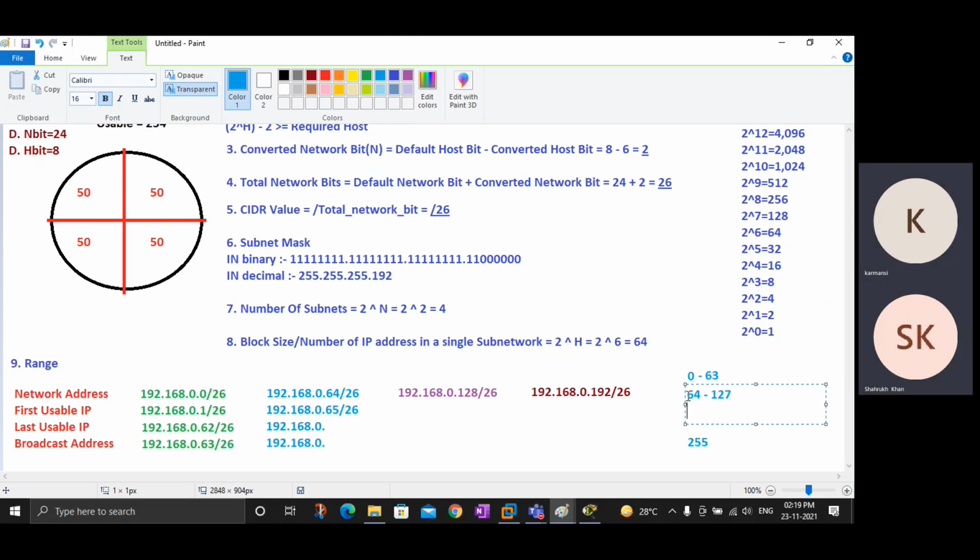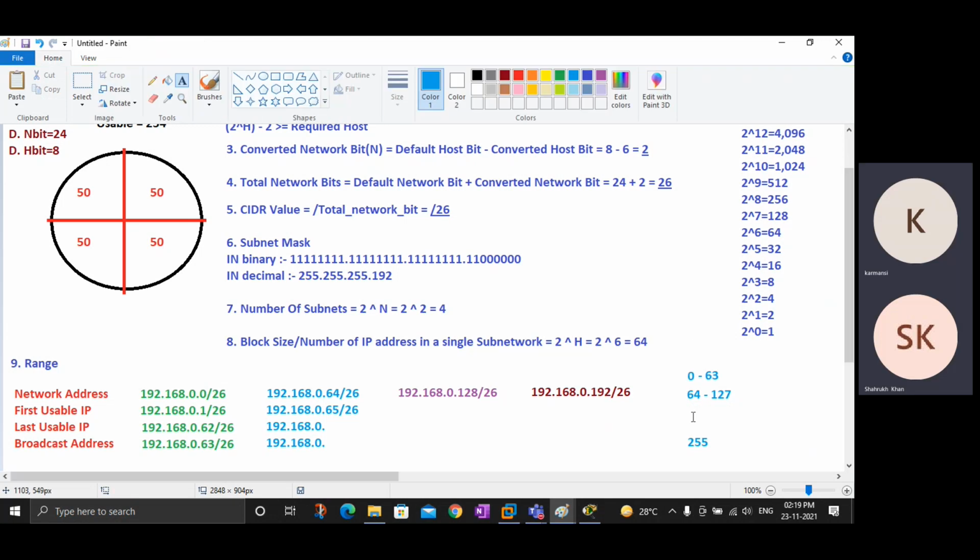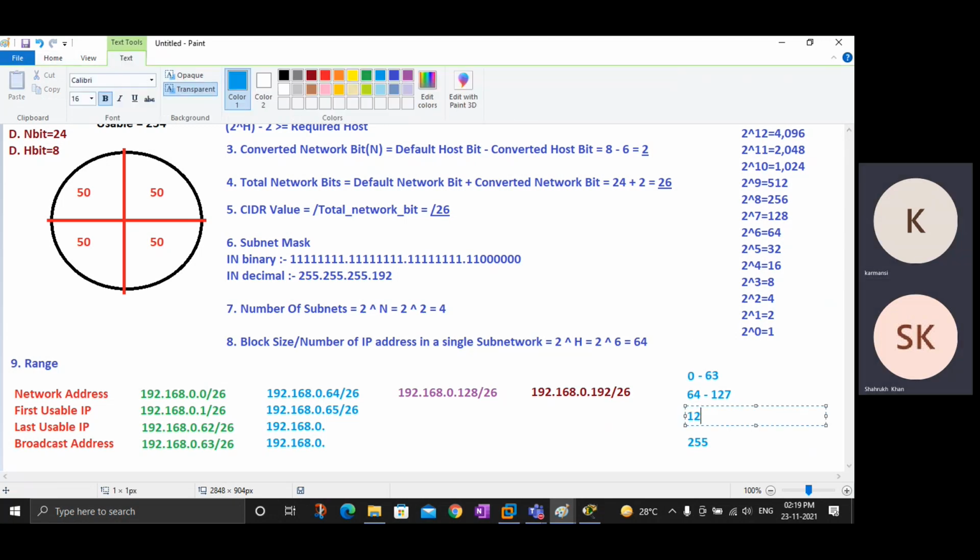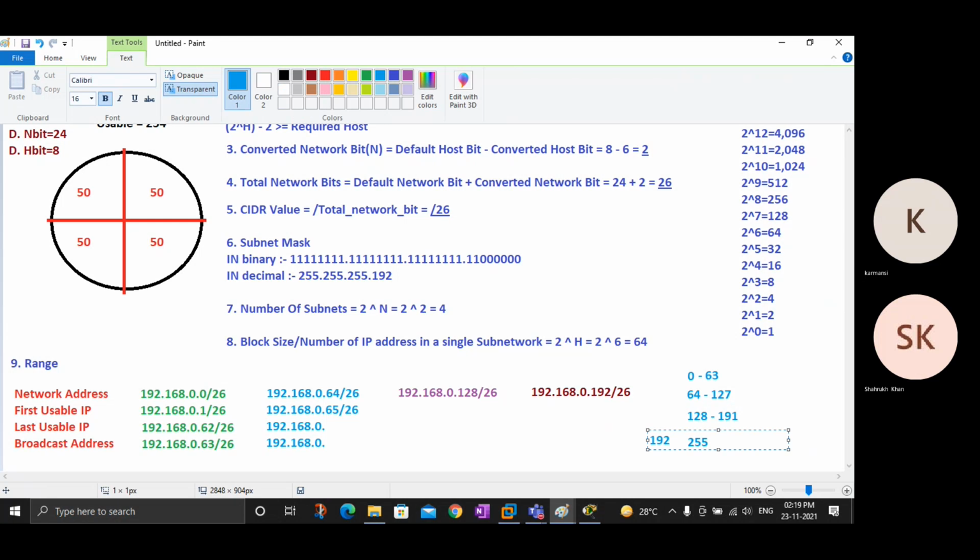Then the next one, where will it start? That's 128, and it can go up to 191. And the last one will start at 192 and can go up to 255.